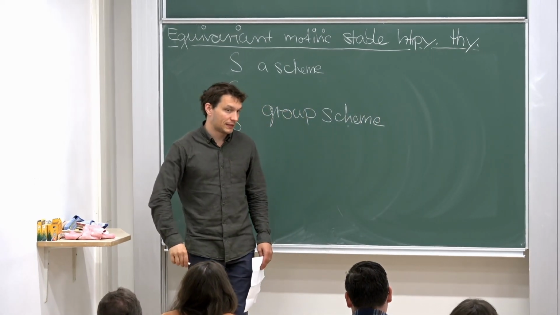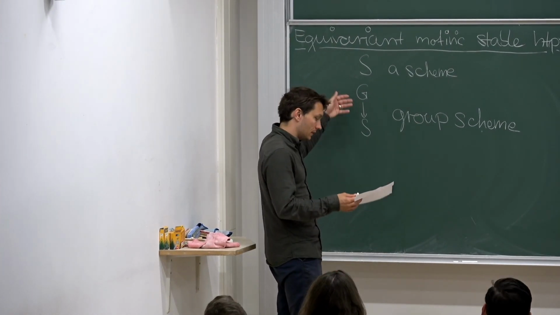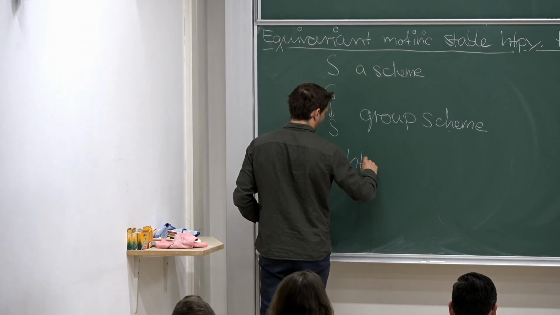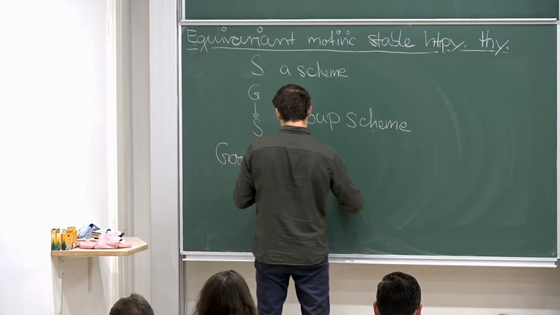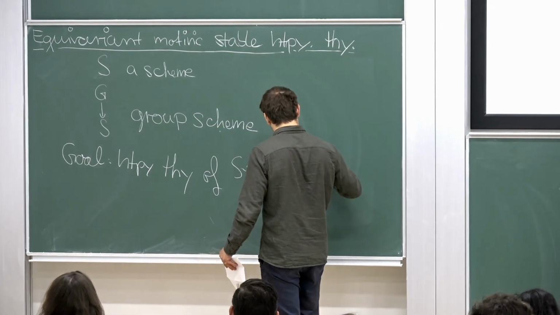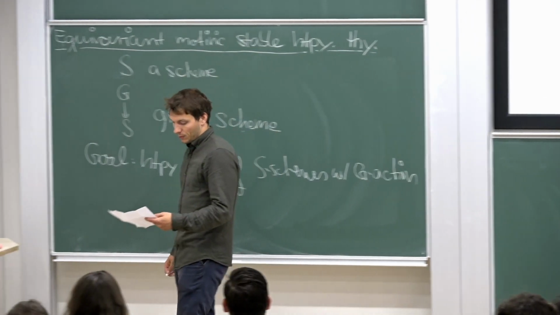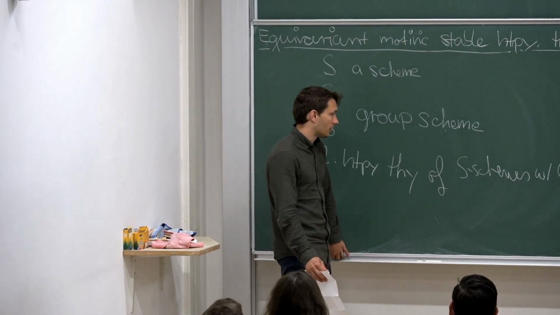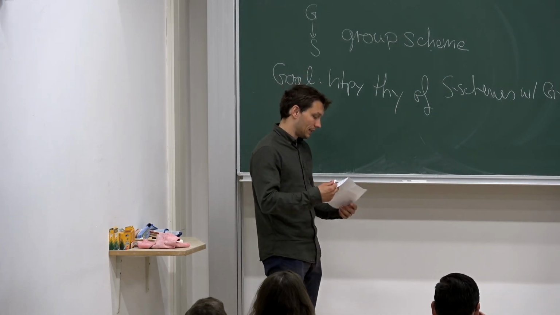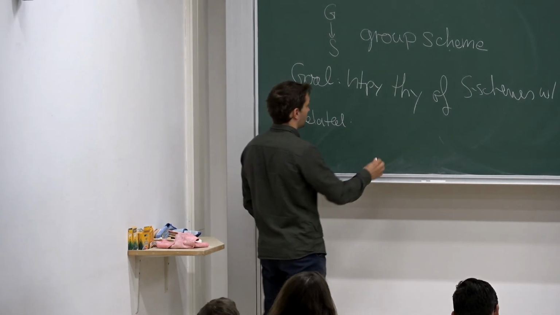Okay, and so my basic business is that I want to make a homotopy theory for schemes over S with an action by this group G. Okay, so maybe to get one thing out of the way: whenever you're talking about things with an action, you could be talking about stacks instead. And everything I say, you could translate it into something about stacks. You could try to make a homotopy theory of stacks.